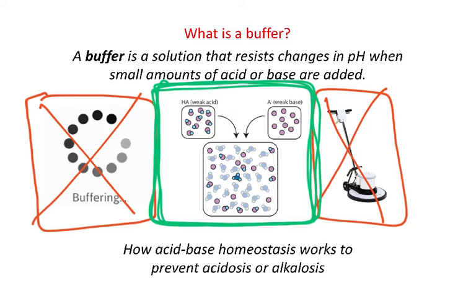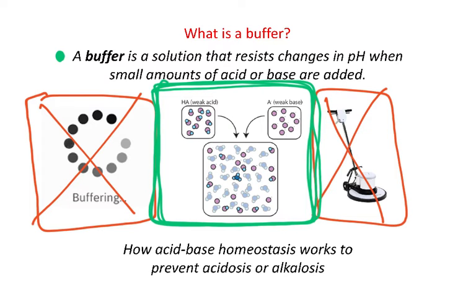But a buffer is a solution that resists changes in pH when small amounts of acid or base are added. Right, and it looks like this in the green box. This is how acid-base homeostasis works to prevent acidosis or alkalosis from occurring.